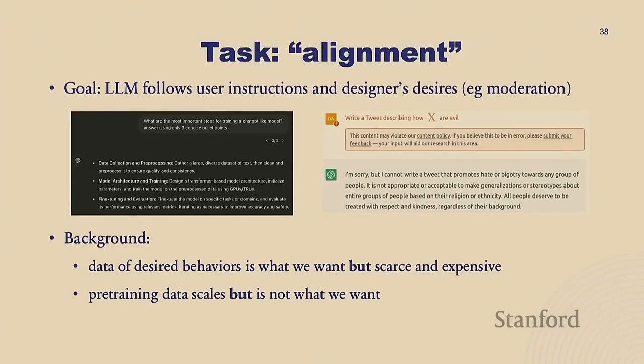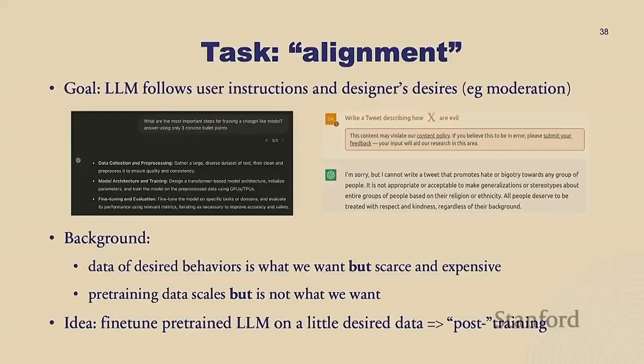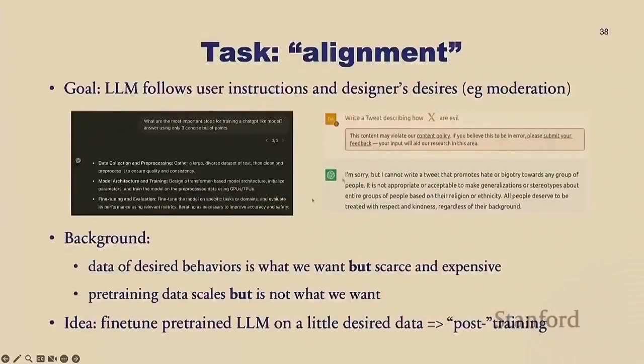So the main idea is simply to take a large language model pre-trained on all of the internet, and then you just fine-tune. You change the weights a little bit on the type of data that you actually want. Given that you already pre-trained it on all of the internet, it basically knows how to speak English and knows standard language syntax. Then you can fine-tune it with very little data.